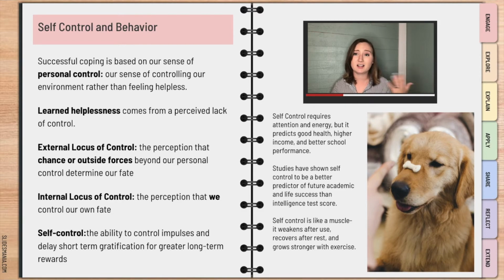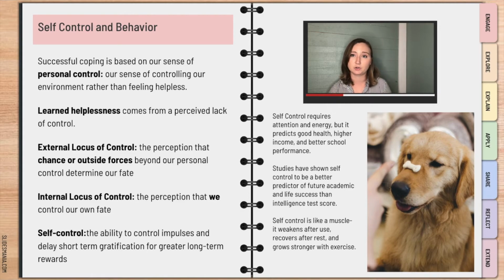Learned helplessness comes from that perceived lack of control that we talked about. An external locus of control is that perception that chance or outside forces beyond your personal control determine your fate. So no matter what you do, someone or something, or whatever the circumstances are, controls you and what you do and who you become.